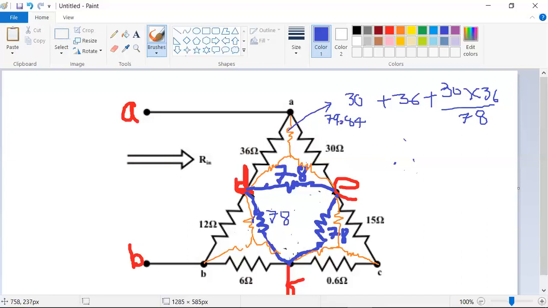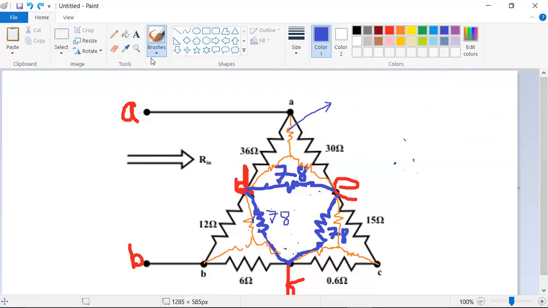This value. Next, what about this? Let me find this also. For finding this, we depend upon these two adjacent terms. 30 plus 78 plus 30 into 78. What am I doing? This is wrong, right? I am doing star to delta. So let me remove this. This is wrong. Let me write star to delta. For making star to delta, multiply and add in summation, right?